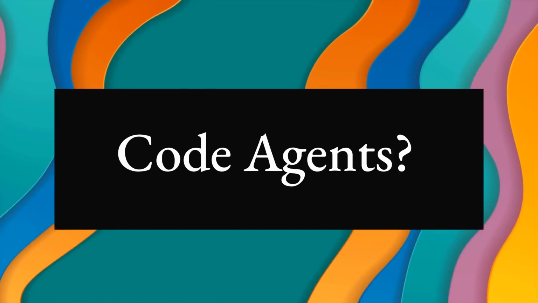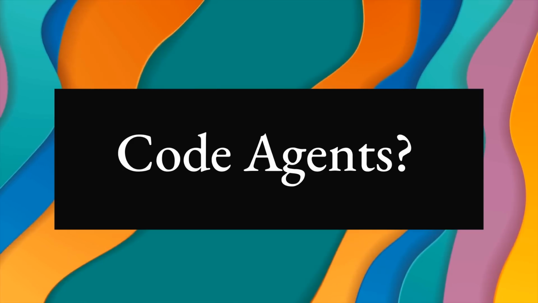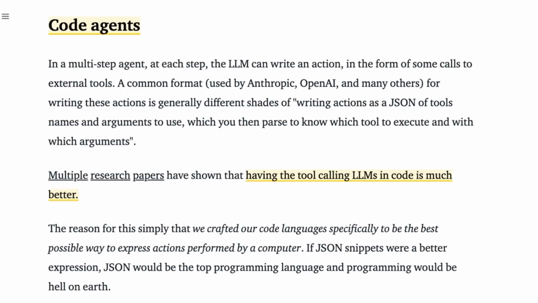So the big thing that sets smolagents apart from other frameworks that are out there is this whole idea of code agents, that they're really going back to the idea of getting the agents to communicate to itself in code and work things out in code. Now, they mentioned some research papers to justify this.